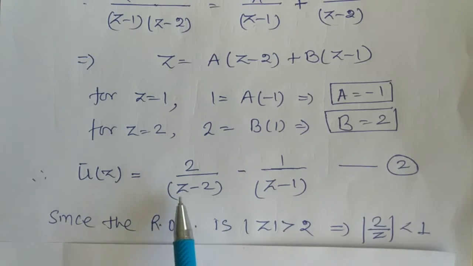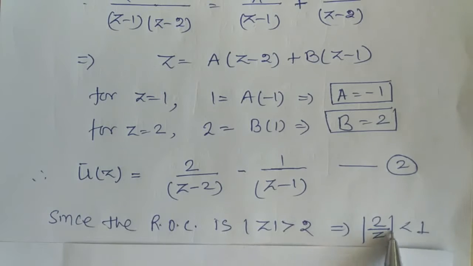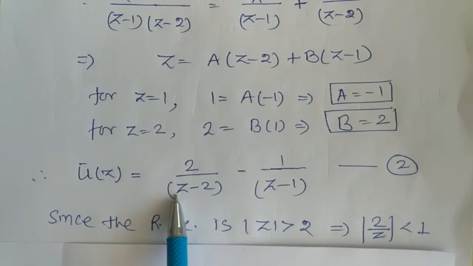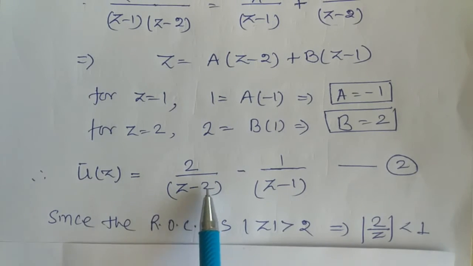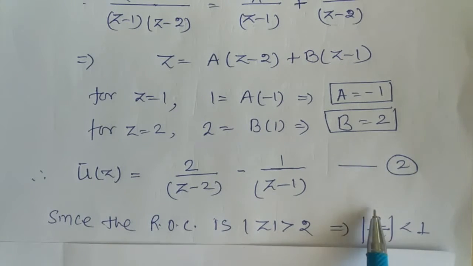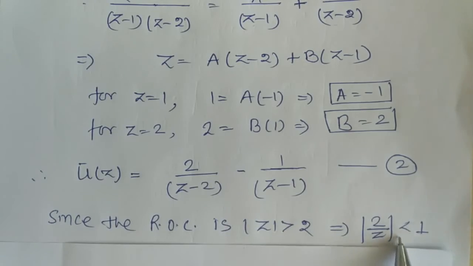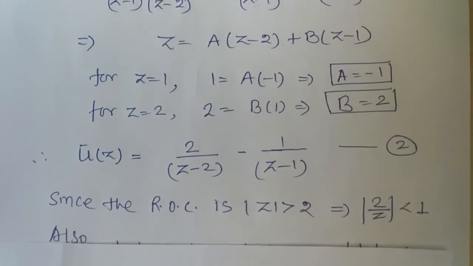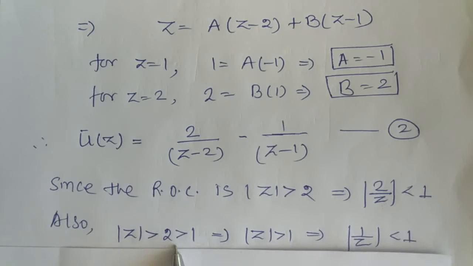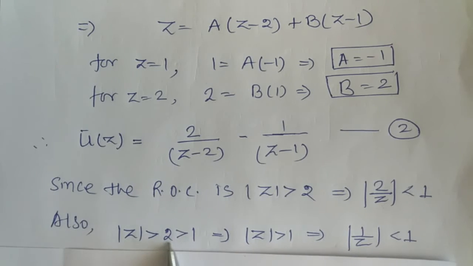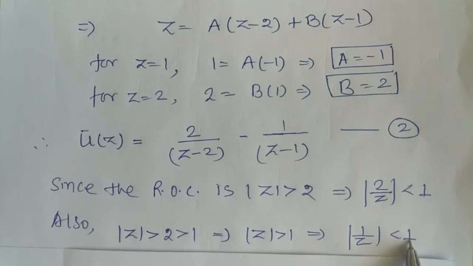And therefore we expand this expression in terms of 2 by Z, in binomial expansion, because mod 2 by Z is less than 1. Further, mod Z is greater than 2 and 2 is greater than 1. This implies mod Z is greater than 1, which implies 1 upon mod Z is less than 1.